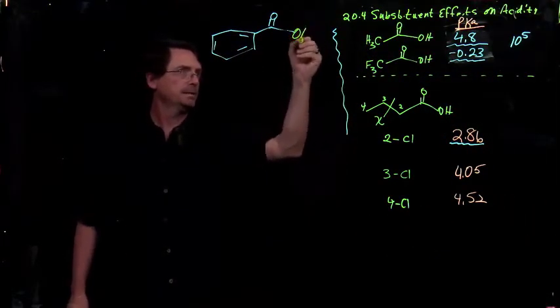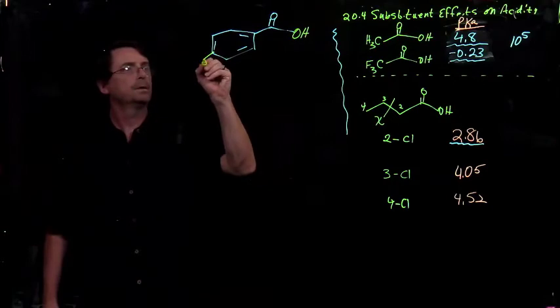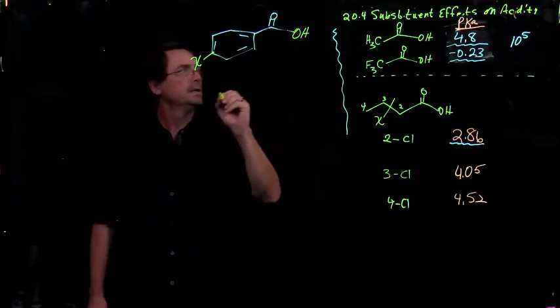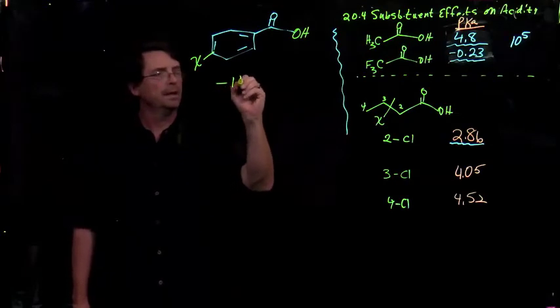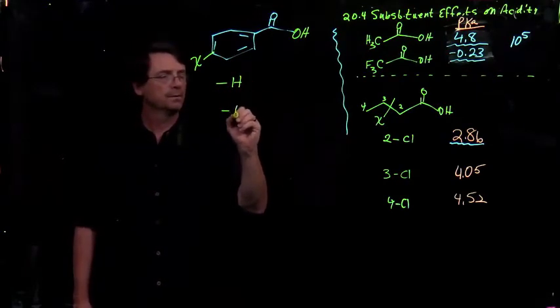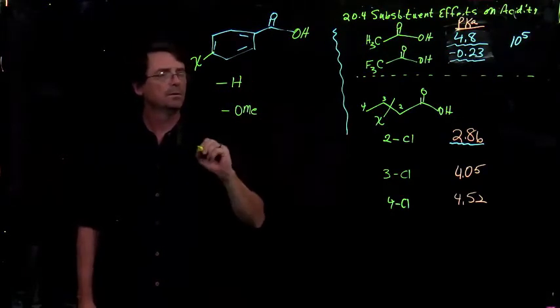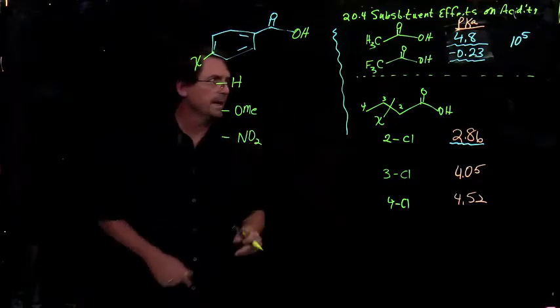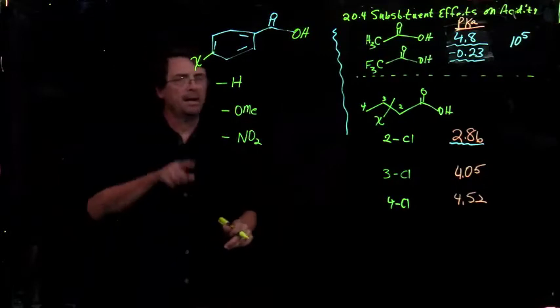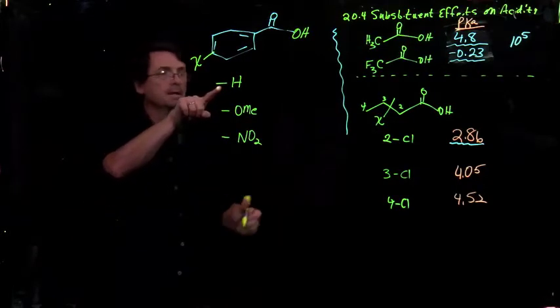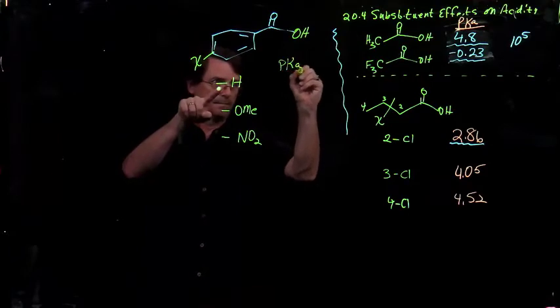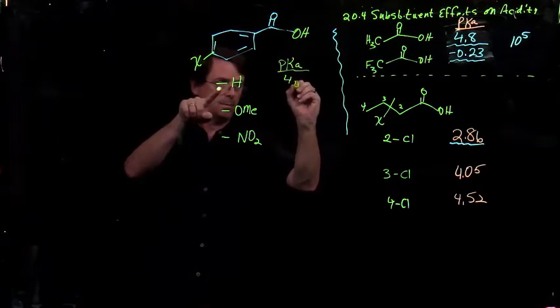A benzoic acid, and we look at a para substituent when X equals H versus OMe versus nitro. So what do we have here? We have benzoic acid, hydrogen, that's our standard. That has a pKa of about 4.2.